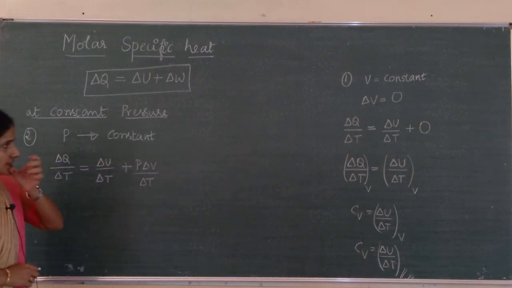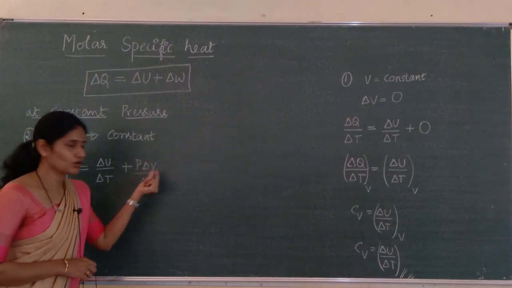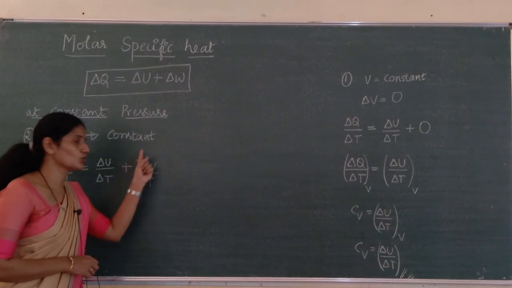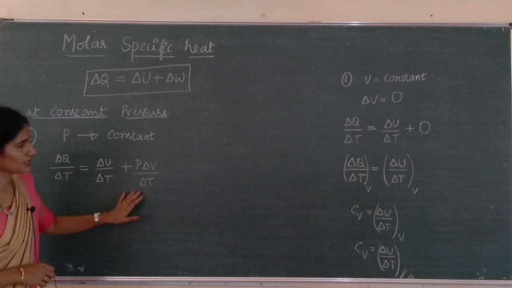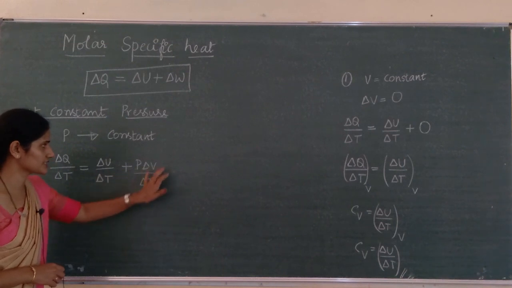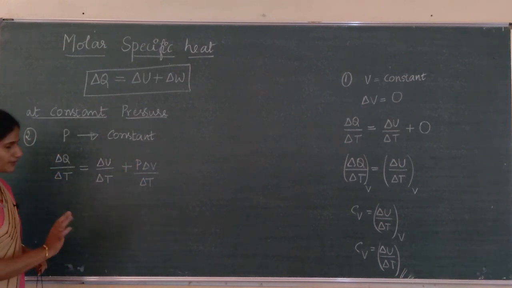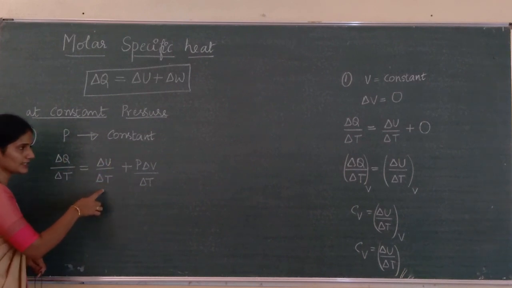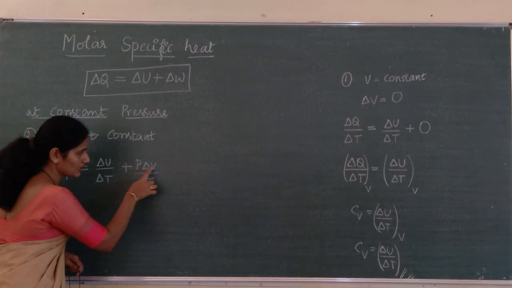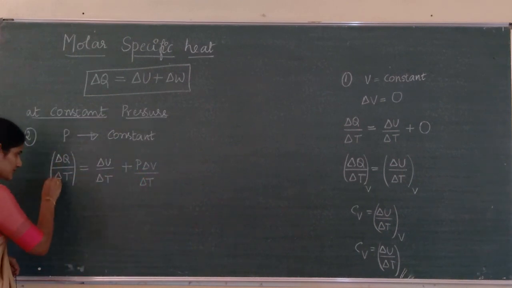In the earlier expression, V is constant, so delta V is 0, this whole term is equal to 0. But now we have P constant, so there is no change in this expression. Delta Q by delta T is equal to delta U by delta T plus P into delta V divided by delta T at constant pressure.